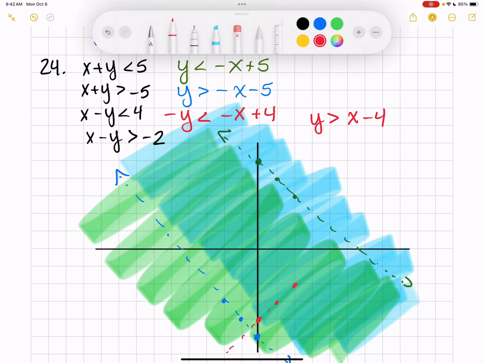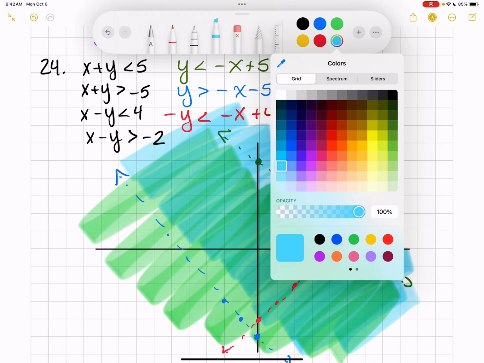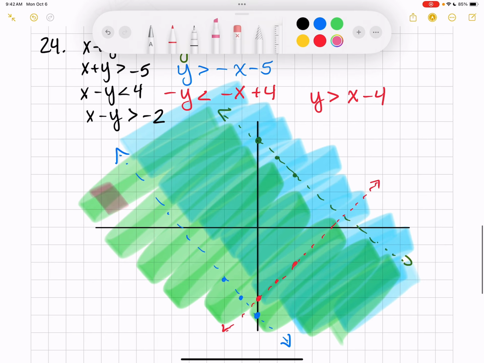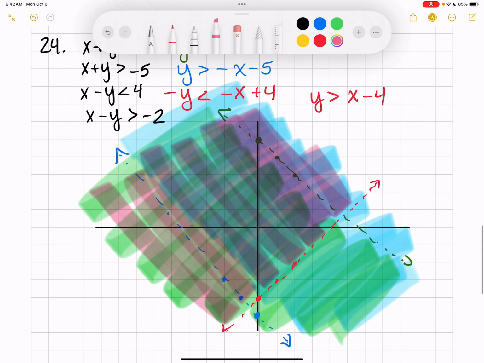Dotted as well. And where's this one shaded? Wait, y is greater than x minus 4. I'm sorry, I was still looking at the other one. So above. Oh wow, it's so dark. It's purple.